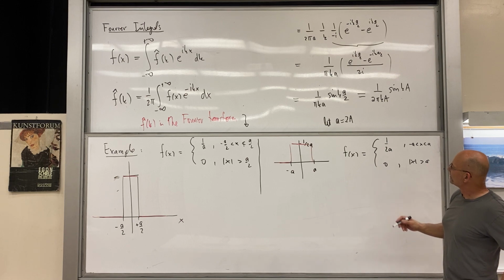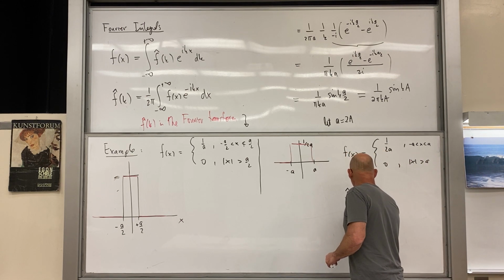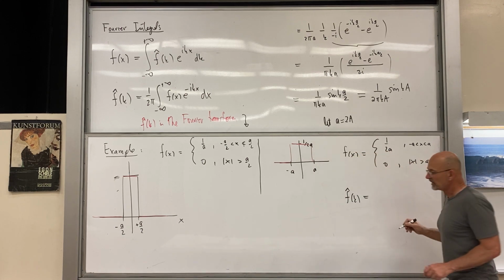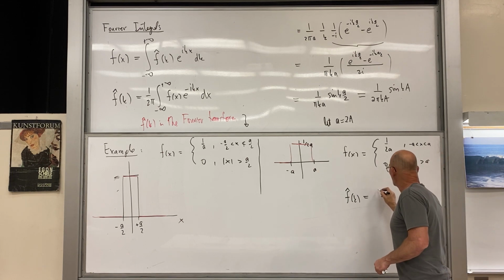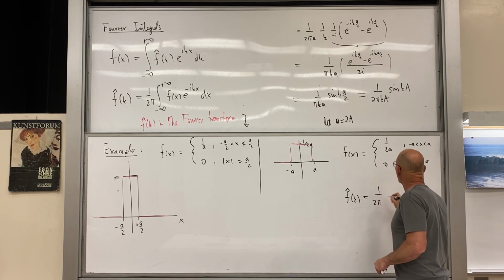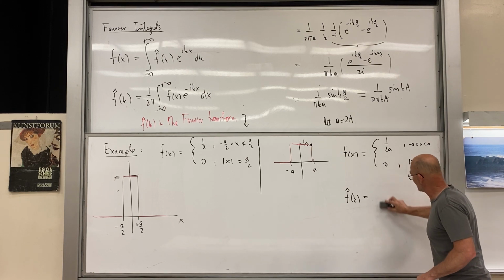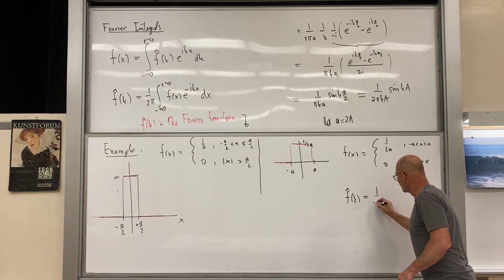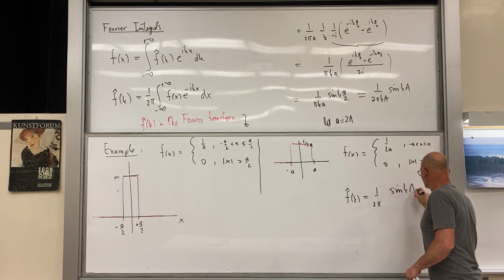This works better. So what we've now found, f hat of k, is equal to 1 over 2 pi, sine of ka over k times a.